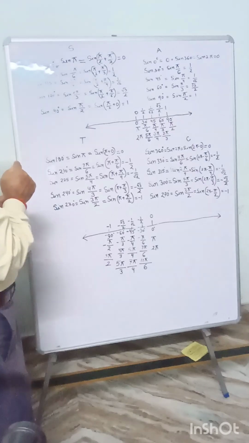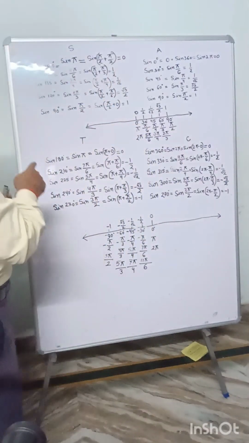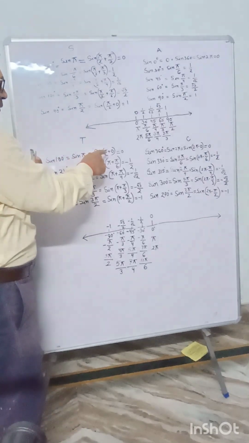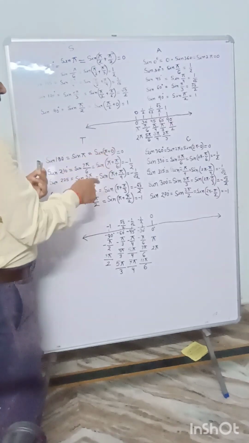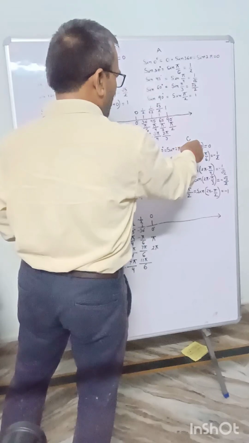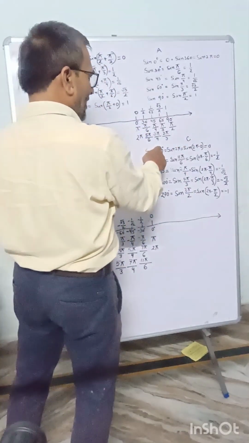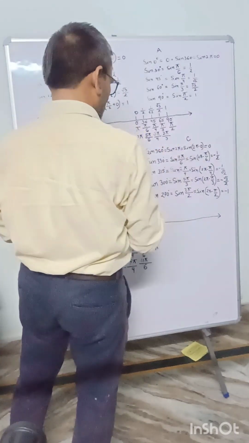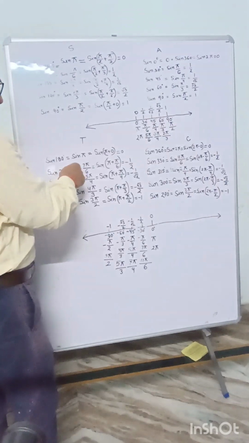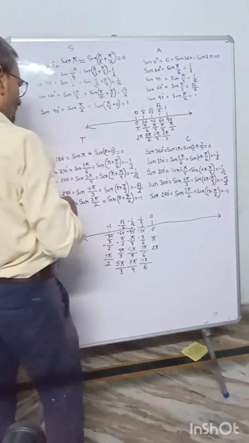If we come to third and fourth quadrant, sine 180 is equal to sine pi is equal to sine pi plus 0 is equal to 0. Sine 360 is equal to sine 2 pi is equal to sine 2 pi minus 0 is equal to 0. It means sine 180 and sine 360 having the same value, that is 0. Sine 210 is equal to sine 7 pi by 6 is equal to sine pi plus pi by 6 is equal to minus 1 by 2.